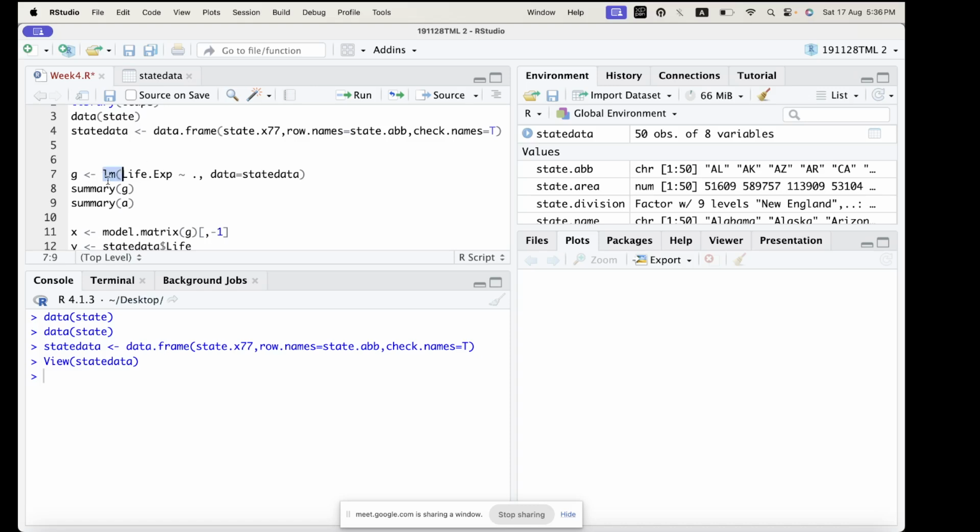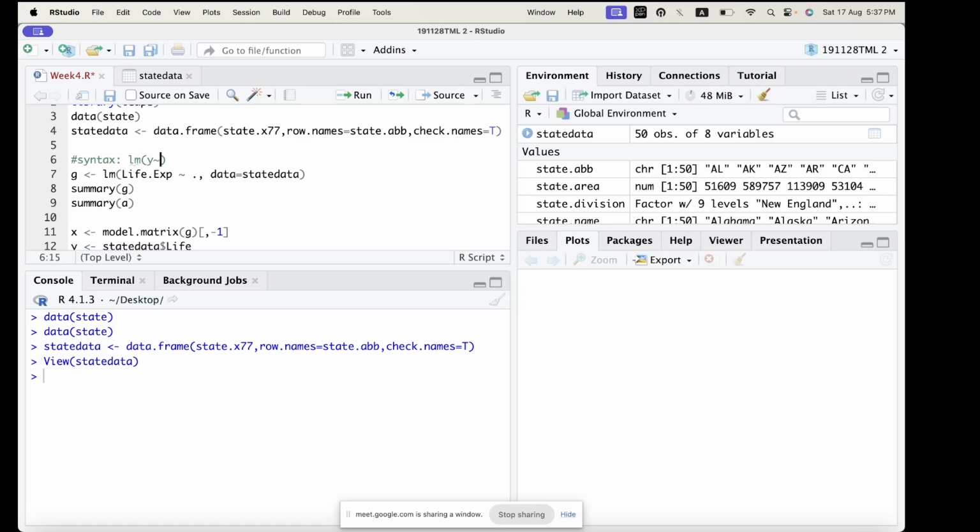All right, so lm, the syntax is we use lm, y on, given by this curl.